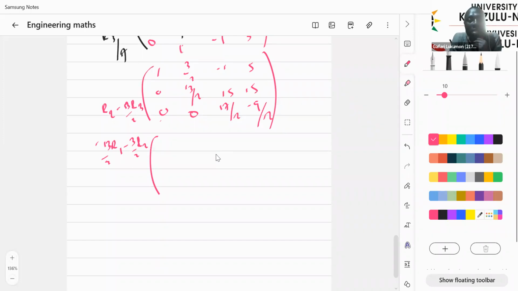Maybe we should match this with this. Let's see what we can do. That's what I'm trying to avoid before. Okay, anybody, any idea?